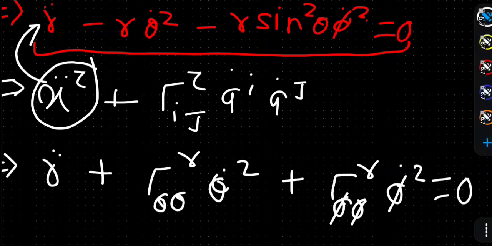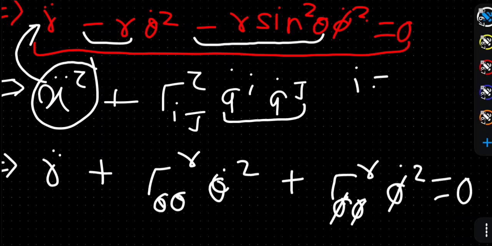What you will see is that here I have written the Christoffel symbol Γ^r_θθ in place of minus r, and here I have written the Christoffel symbol Γ^r_φφ in place of minus r sin²θ. You can see that. So you will say okay, it means these are the Christoffel symbols. So yes, these are the Christoffel symbols. Then you will ask how we can find this. You can find this using this particular rule, that q̇^i and q̇^j are played by the role of this particular θ̇². It also means that i and j here are θ and θ respectively.